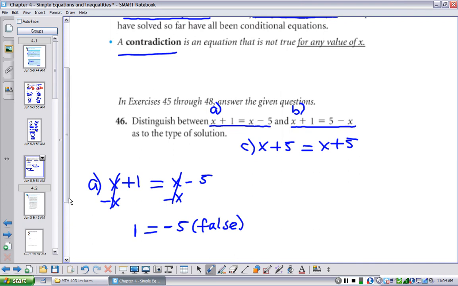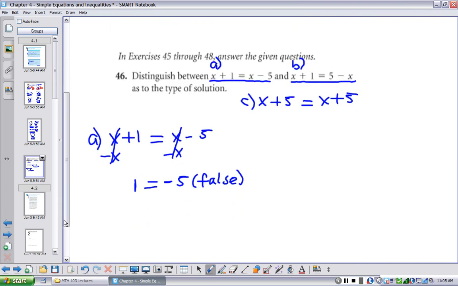So whenever you go to solve an equation, all your variables go away and you're left with a false statement. This is called a contradiction.